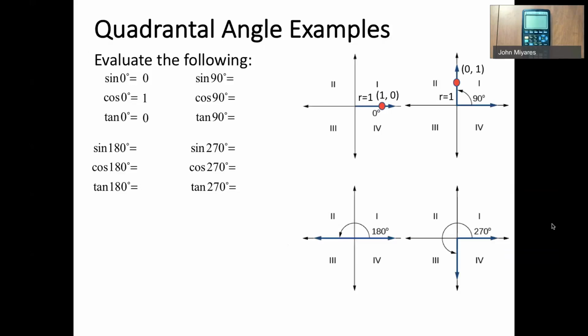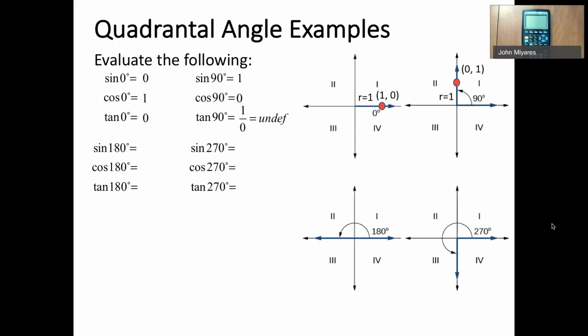The sine of 90 degrees, y over r, becomes 1 over 1, or just 1. The cosine of 90 degrees, now x over r, is going to become 0 over 1, or just 0. The tangent of 90 degrees, y over x, becomes 1 divided by 0, which is undefined.